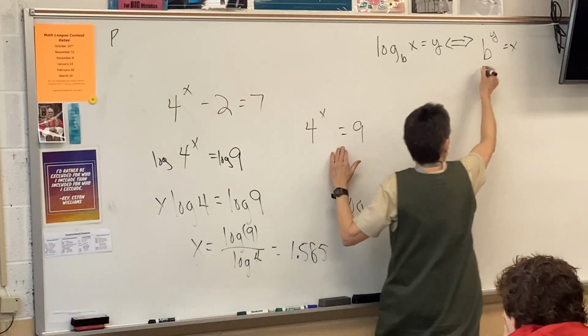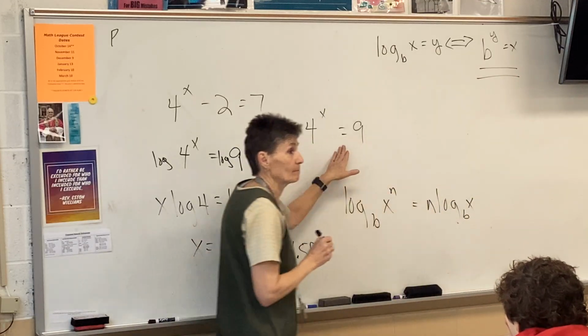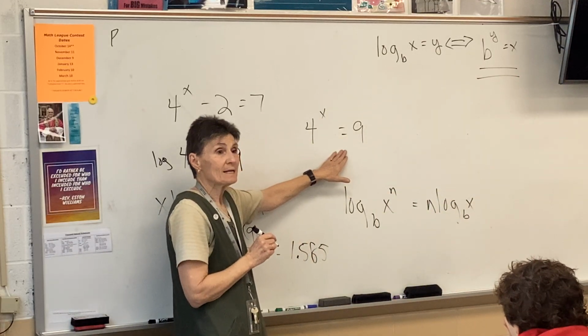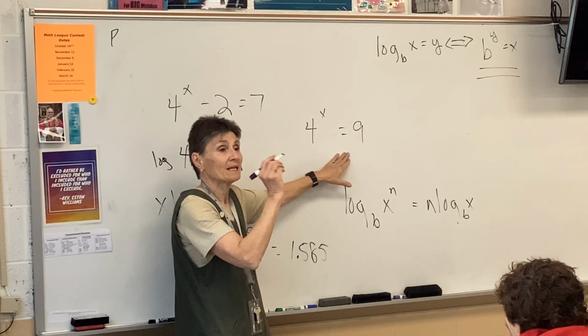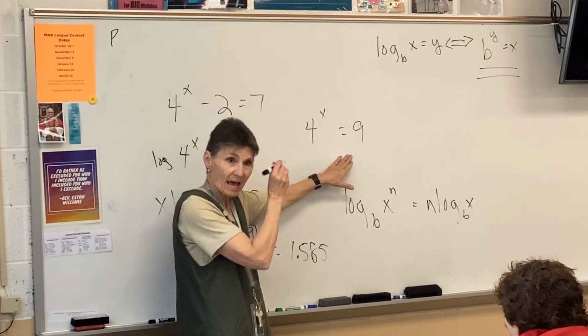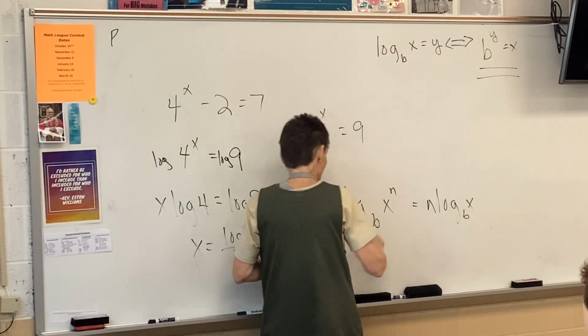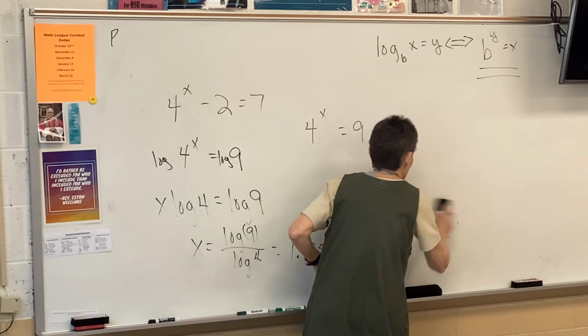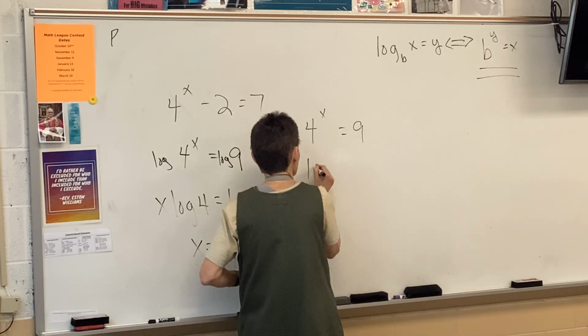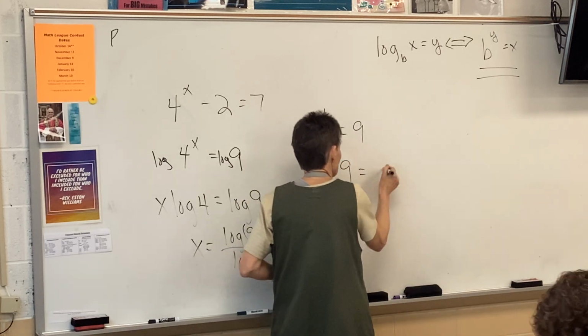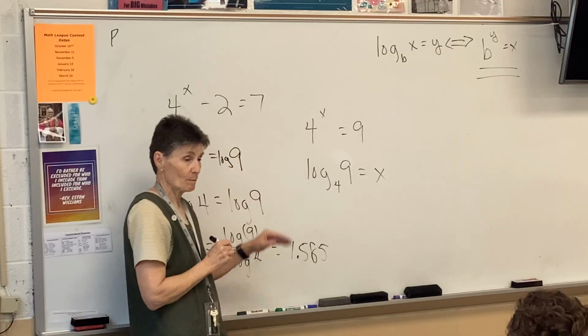That is an exponential equation. What would be the logarithmic equivalent of that equation? The logarithmic equivalent would be what? Log base 4 of 9 equals x. Does everybody agree with that?